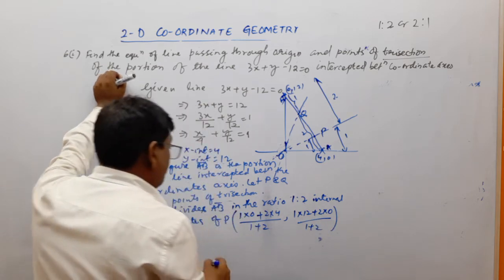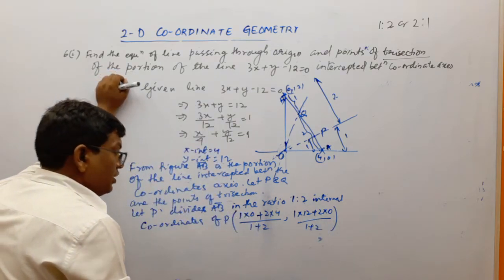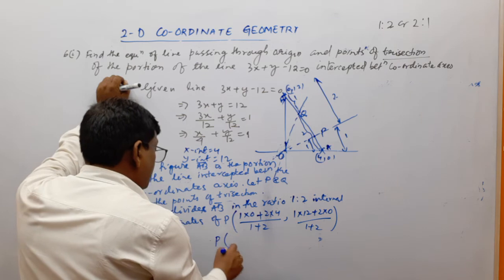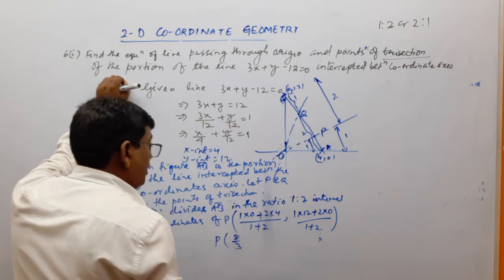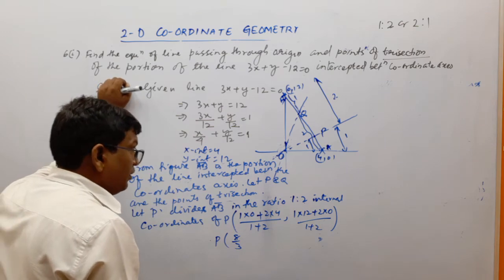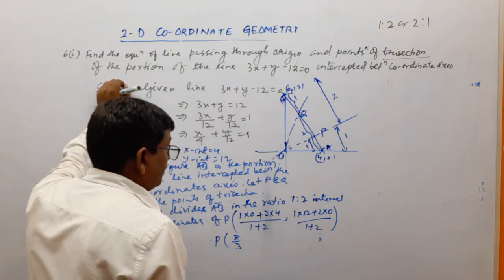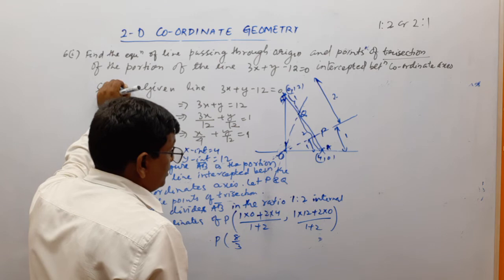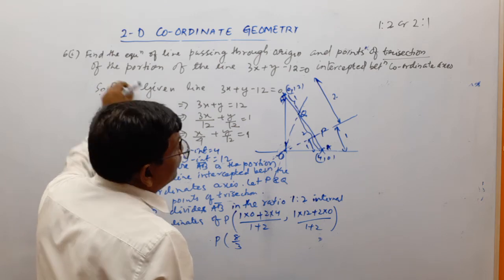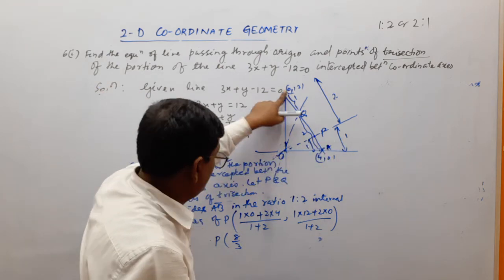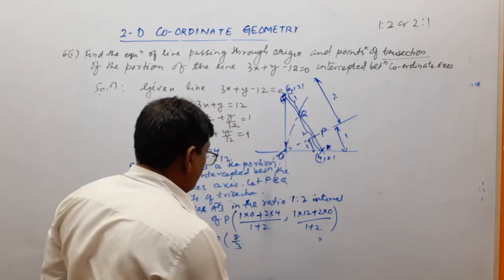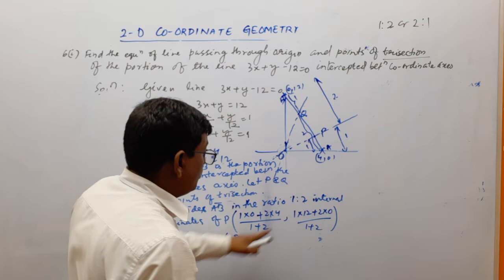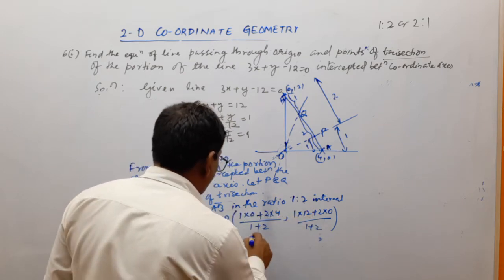So the coordinate of point P is 8 by 3, comma, 4. This is 8 by 3, that is 1 into 0 plus 2 into 4, and 12 by 3 is 4.